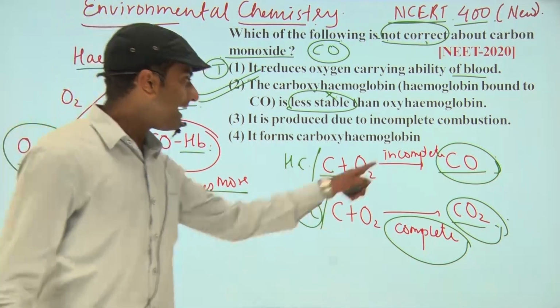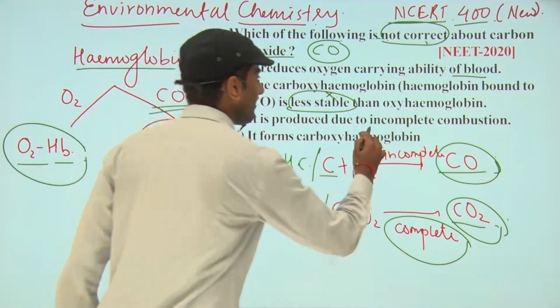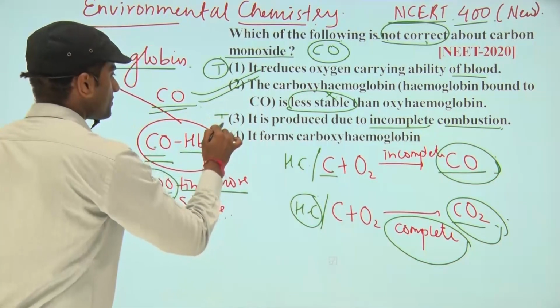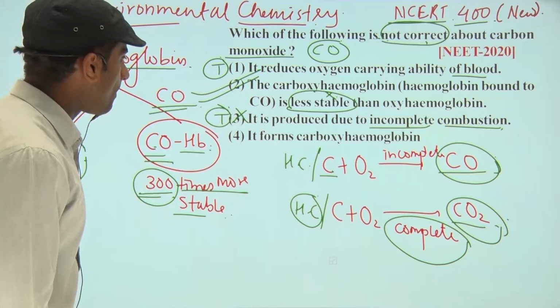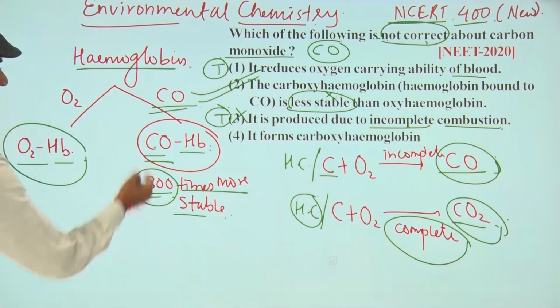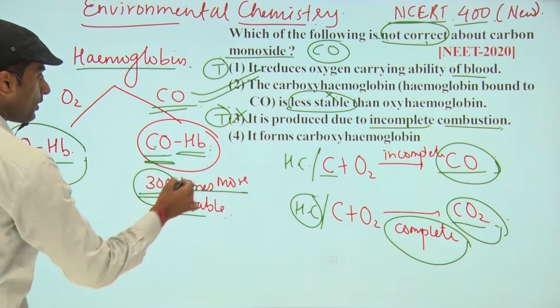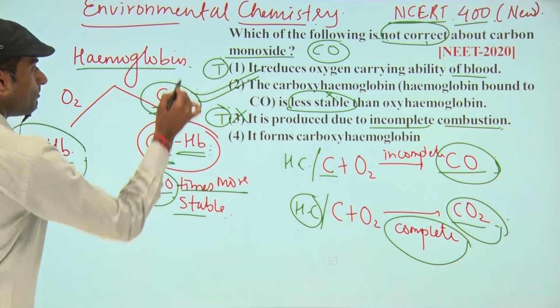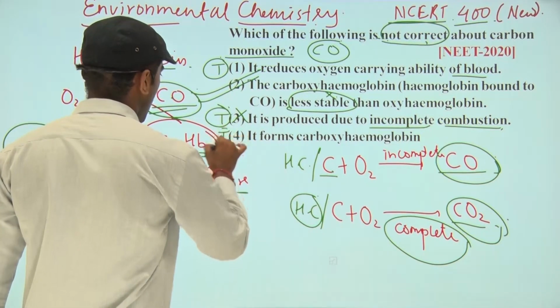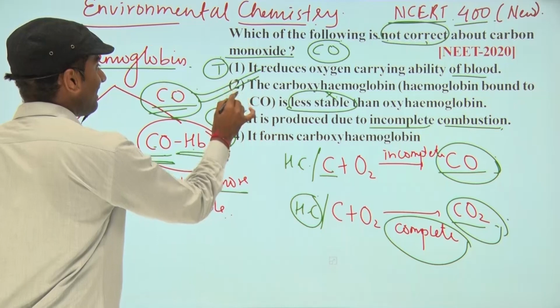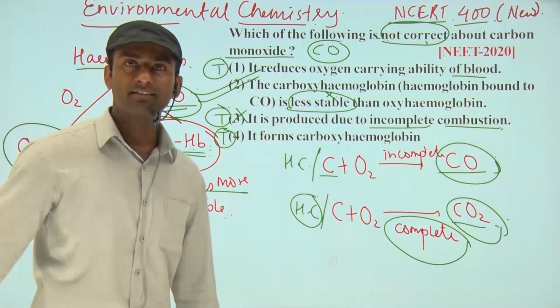Got it? So by incomplete combustion, we are getting carbon monoxide. True statement. But we want the not correct one. Next, it forms carboxyhemoglobin. Of course, you can see that it is forming carboxyhemoglobin while hemoglobin is combining with carbon monoxide, CO. So all of these are true, only the incorrect statement is the second one. That is your answer. Thank you.